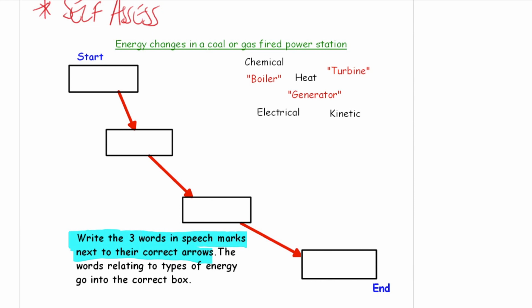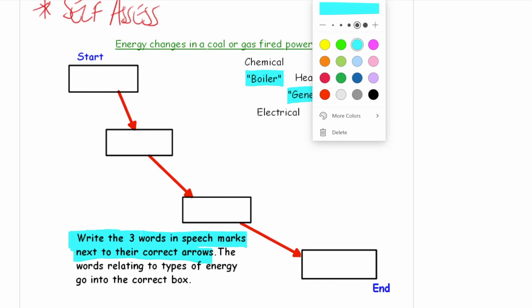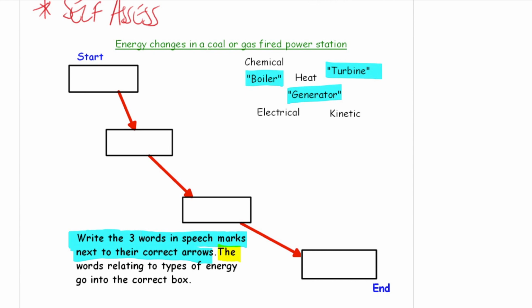So you can see you've got 3 in red, which are in speech marks next to the correct arrows, and then the words relating to types of energy. So the words relating to types of energy go into the correct box. So you've got 4 boxes and you've got 4 words remaining. I'll just do the first one.